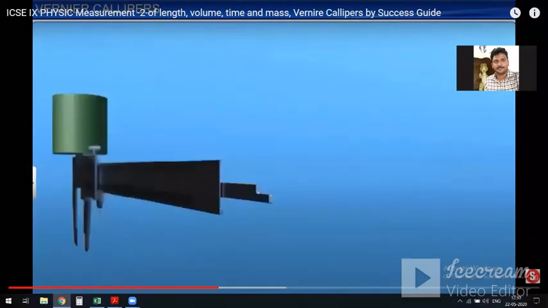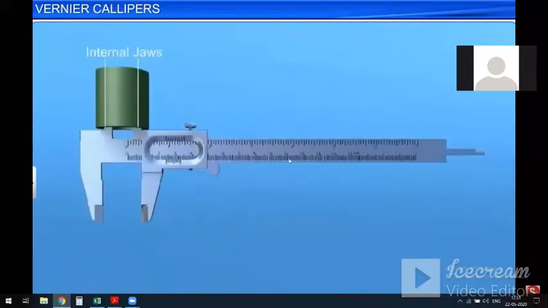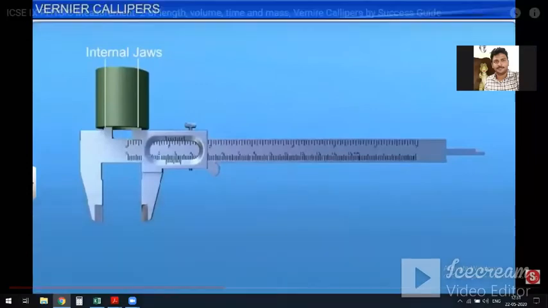The jaws on the upper side, J3 and J4, are called the internal jaws. Now they are trying to explain that if we have to measure the outer diameter of a solid body, then we are going to make use of the outer jaws. Whereas if we have to measure the inner diameter of a cylinder, then we are going to use the internal jaws to measure the internal diameter of a hollow cylinder.